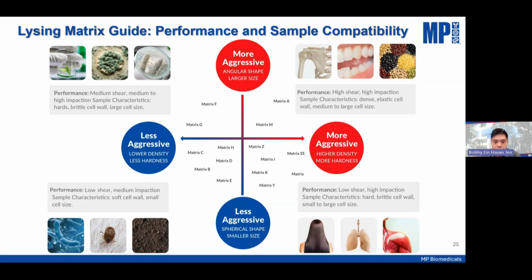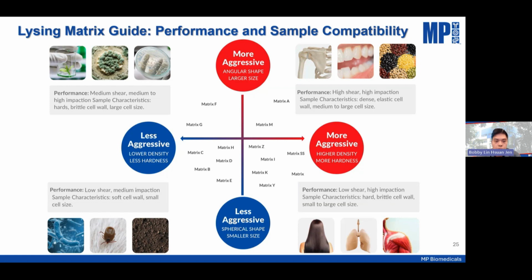Looking at the y-axis, we have angular shape and larger size on top. At the bottom, we have the spherical shape, such as glass beads, and also smaller size beads.